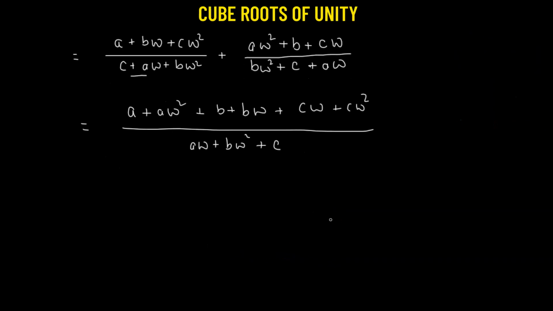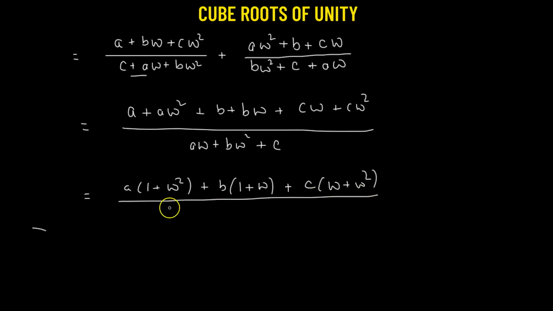Right. Now let's further simplify it. So we have a multiplied by (1 plus omega squared) plus b multiplied by (1 plus omega) plus c multiplied by (omega plus omega squared), divided by a omega plus b omega squared plus c.